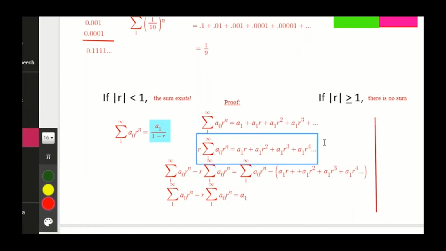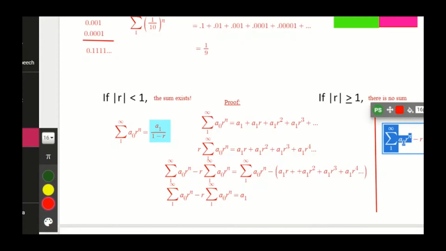I'm going to factor out the GCF, which is this whole sum I've got highlighted here. What I'd be left with on the inside would be 1 minus r. And I bet you can see where this is all going. Now, to solve for the sum, which is really what I want, since I'm trying to explain where this formula is even coming from, I would divide both sides by 1 minus r.